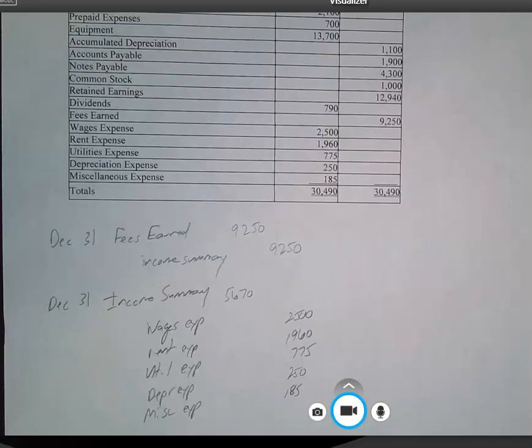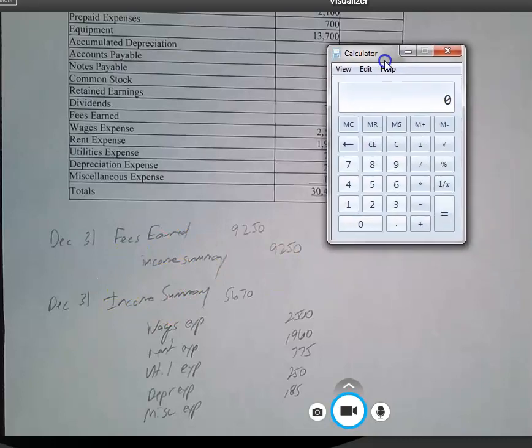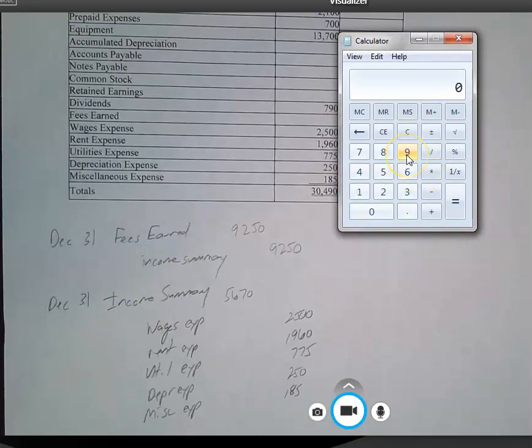All right. Now what we need to do is get rid of the balance in income summary because we don't want it going forward either. So I'm going to bring our calculator back over here. Now we should already know the answer to this. I'm going to take my $9,250 credit balance minus my $5,670 debit balance, and that gives us $3,580.